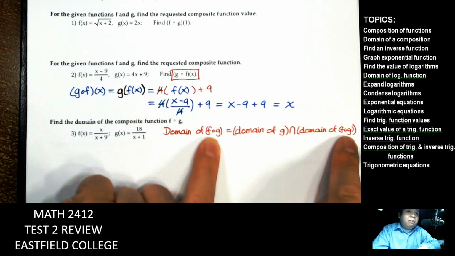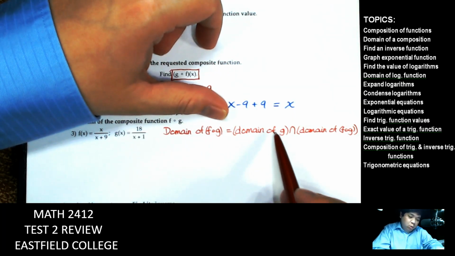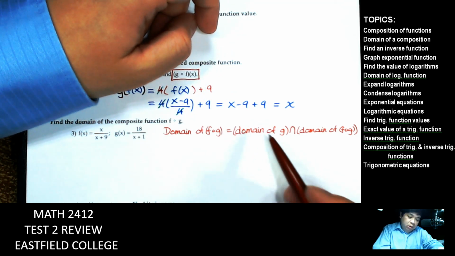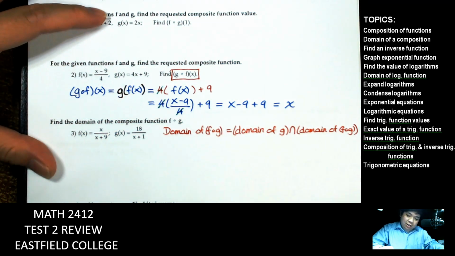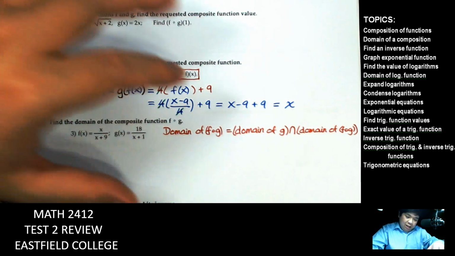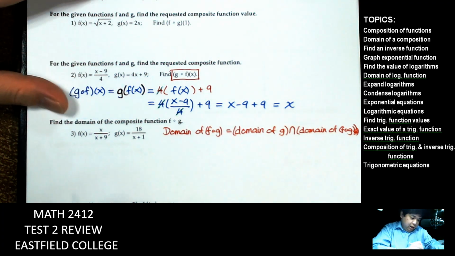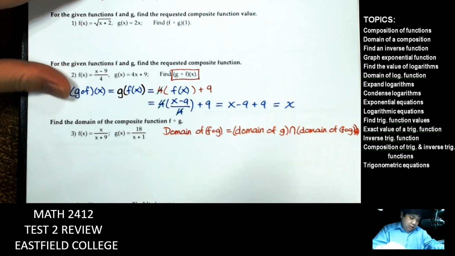This might look the same, but in order for this to exist, we need g to be defined as well. I should put an x here so that's less confusing. First we find f of g of x.